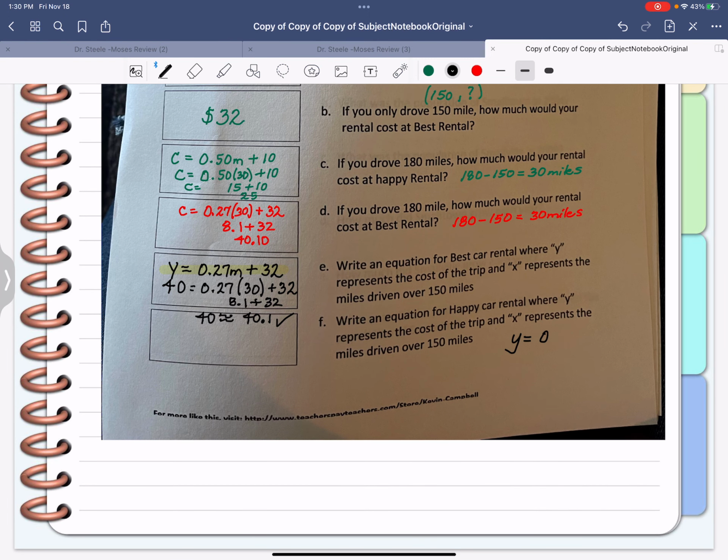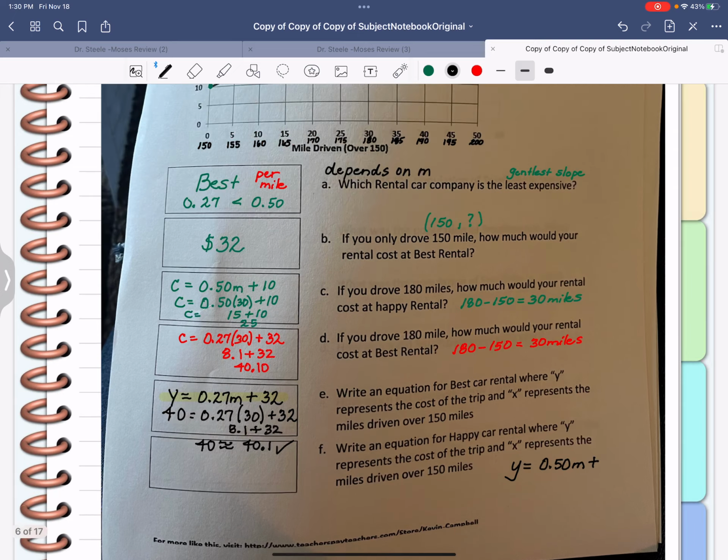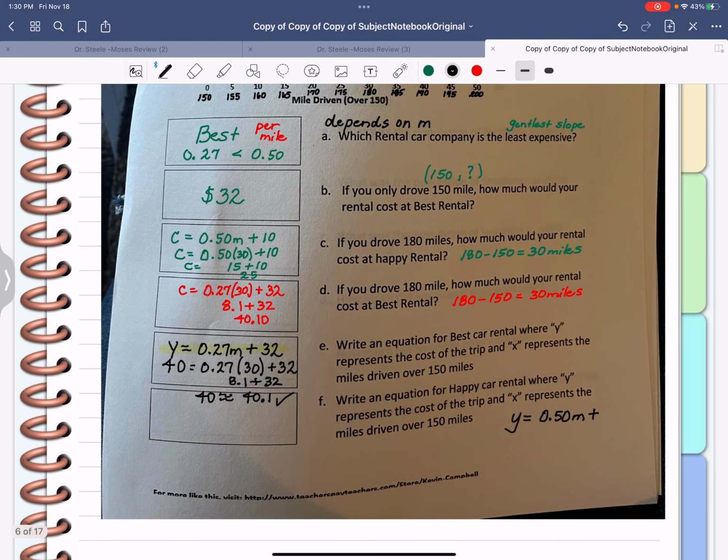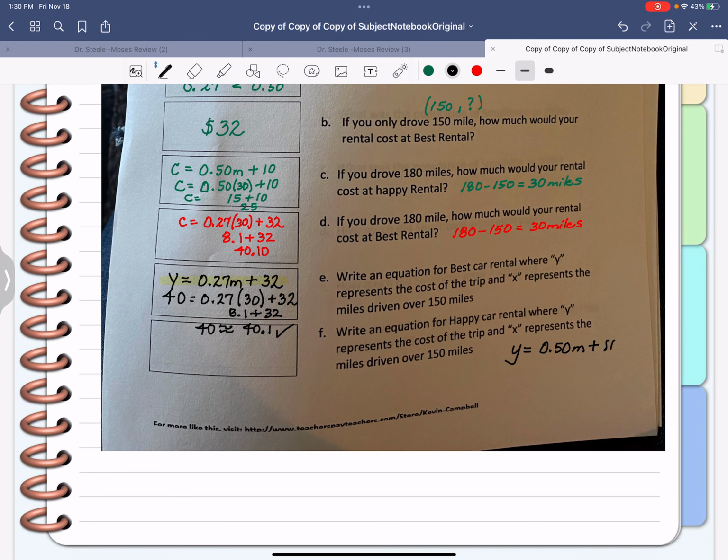Y is 50 cents a mile plus your starting point, which was 10. So yes, you're paying more per mile, but your starting point is lower. And this is the equation they're looking for.